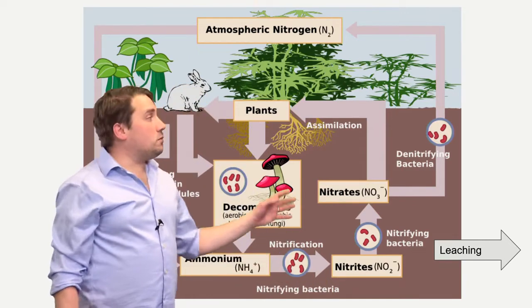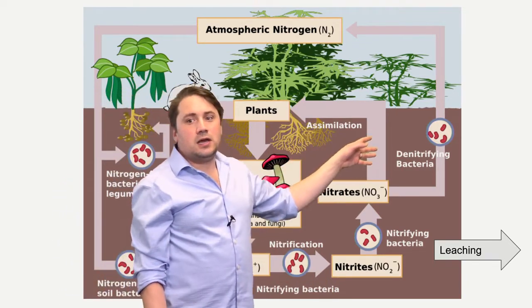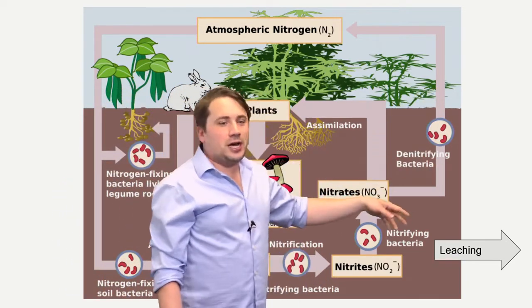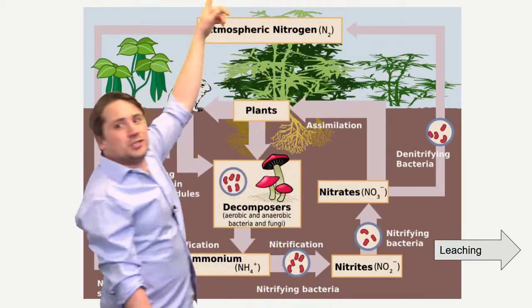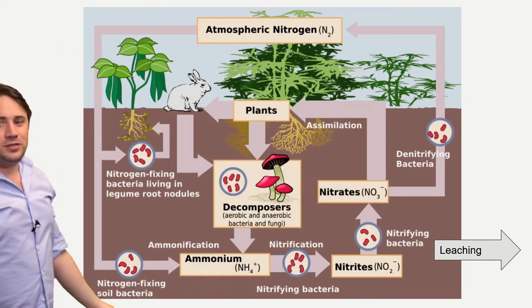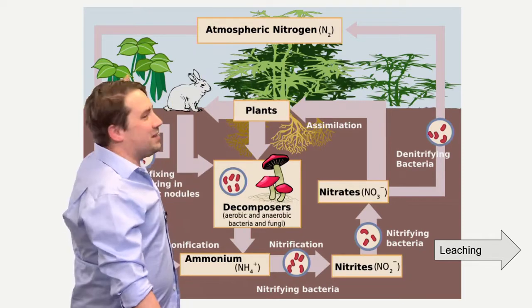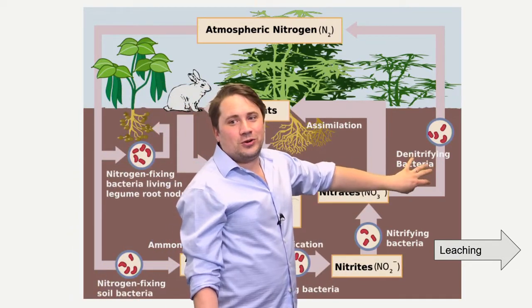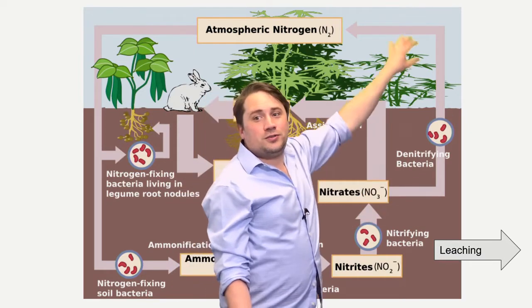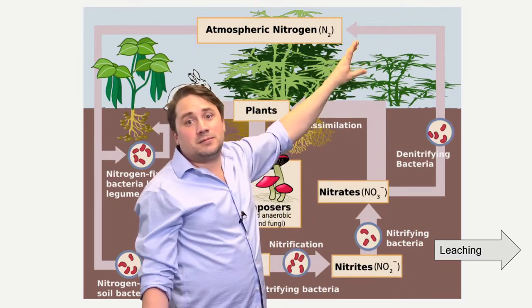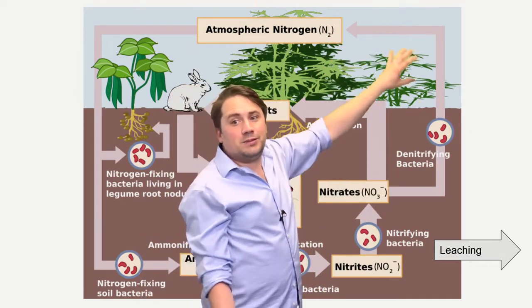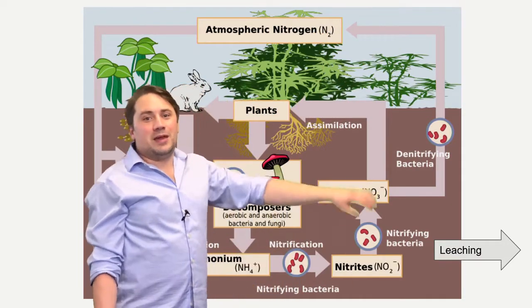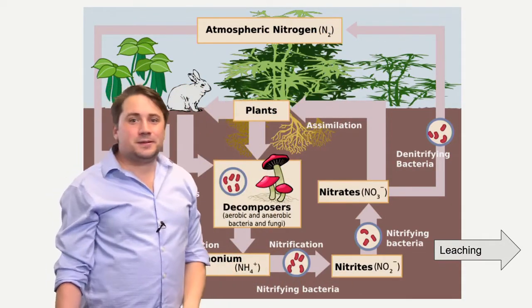The second form of loss is this permanent loss, denitrification here, which completes the grand nitrogen cycle, the huge outermost beltway of this nitrogen cycle. Denitrification returns nitrate to the atmosphere as nitrogen gas and sometimes as nitrous oxide, thus completing the loop and making this a cycle and not just a dead end.